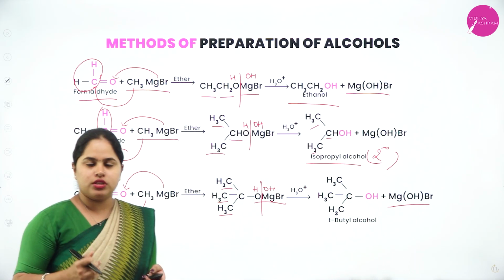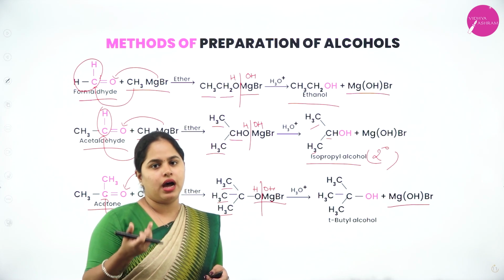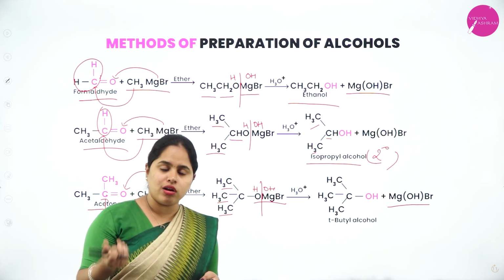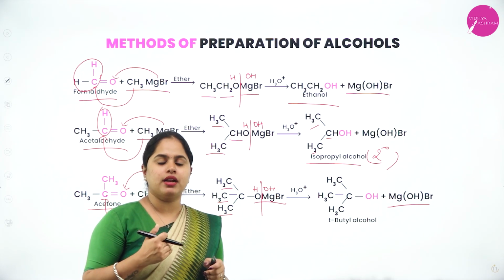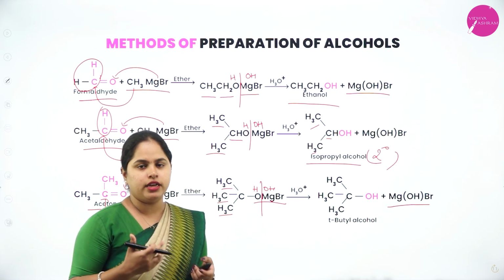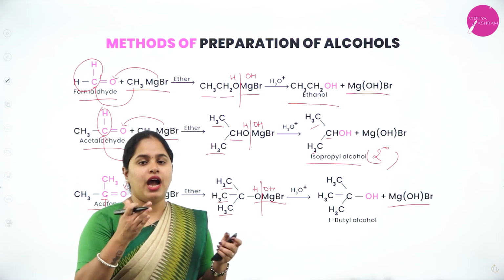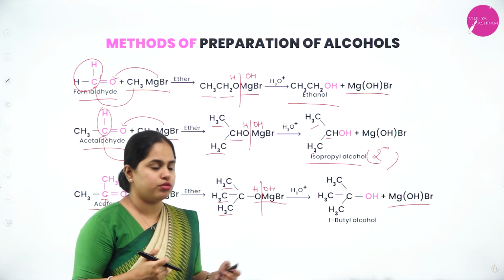This is the reaction of Grignard reagents from which you can form a primary, secondary or tertiary alcohol. If you want a primary alcohol, you need to use formaldehyde. If you need a secondary alcohol, you need to use any other higher aldehyde. And if you need a tertiary alcohol, you need to use a ketone.